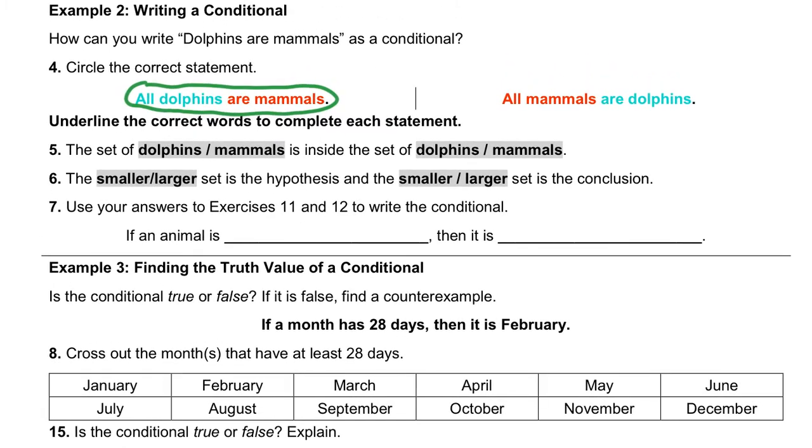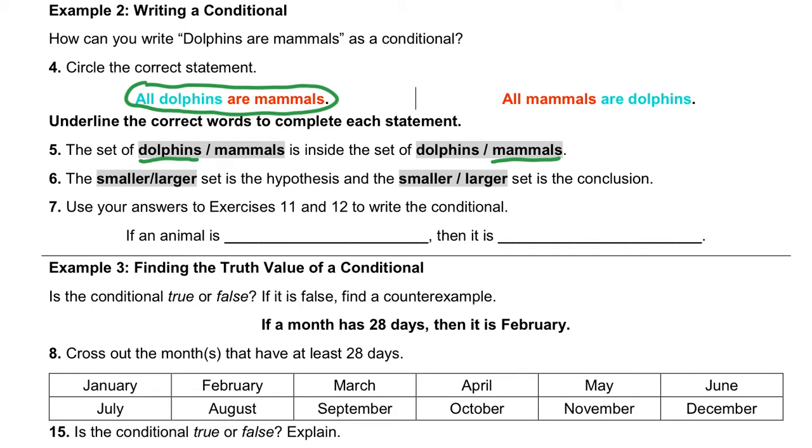So in the next steps, I'm going to ask you to identify the sets. The set of dolphins is inside the set of mammals. We call that a subset. Dolphins is a subset of mammals.